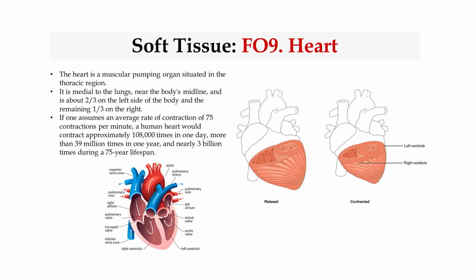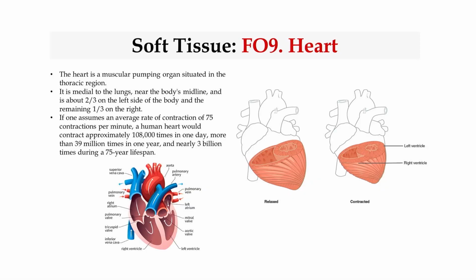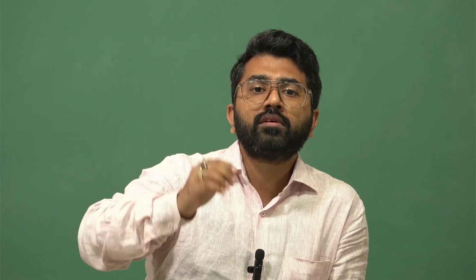You have the right and left atriums, which are the top left and right segments of the heart, and you have the inferior vena cava and the right and left ventricles, which form the bottom part of the heart, right? And then you have a set of valves which makes sure that the blood in the heart goes from one segment to another in a streamlined manner, right?